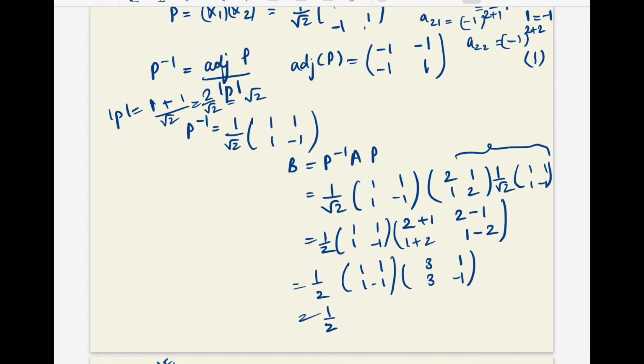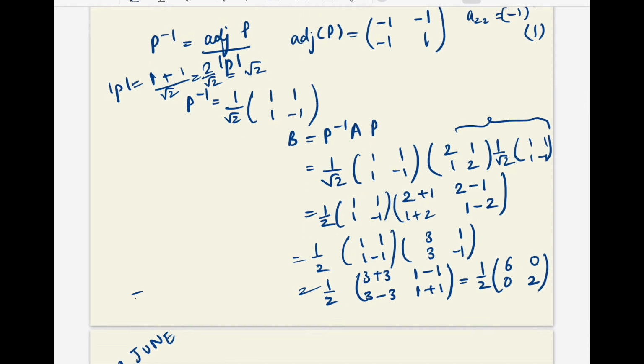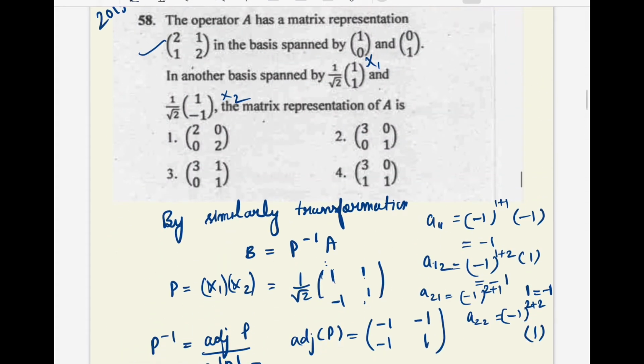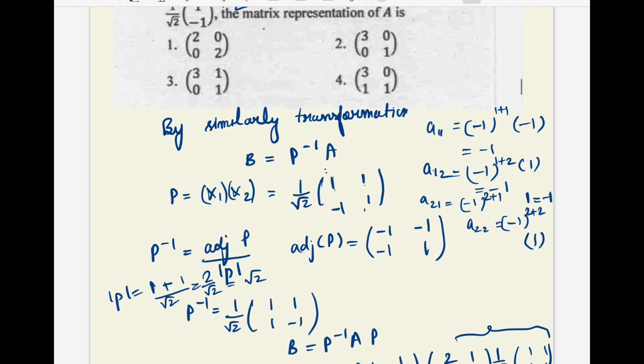This becomes 3 plus 3, 1 minus 1, 3 minus 3, 1 plus 1. That's 1 upon 2 times 6 0 0 2. So the solution is 3 0 0 1. This is the required representation of B. So B will be 3 0 0 1.